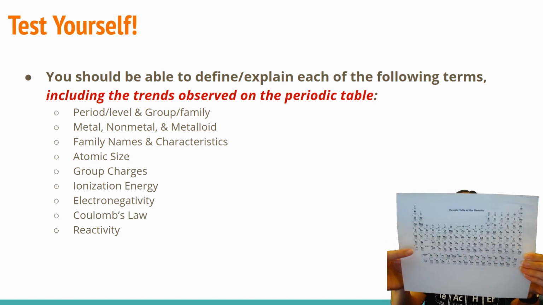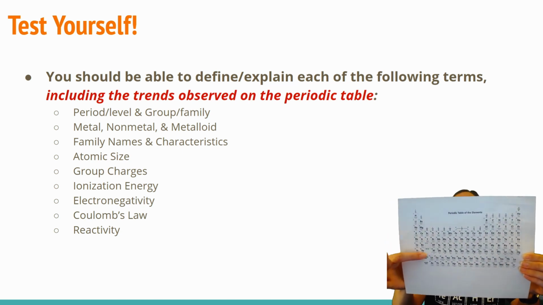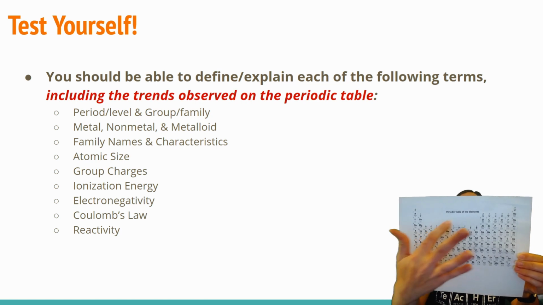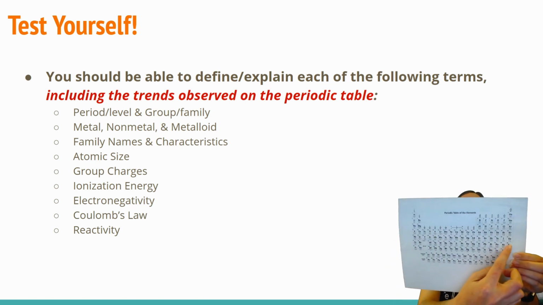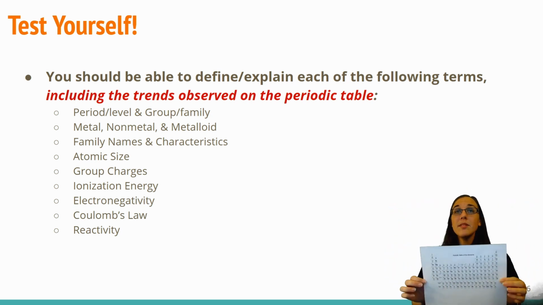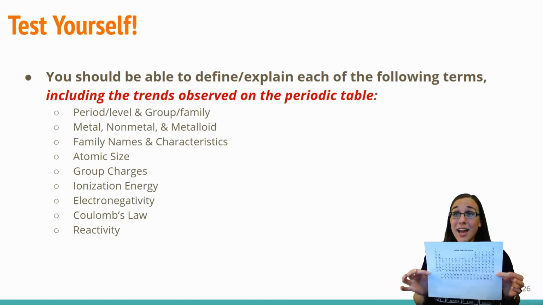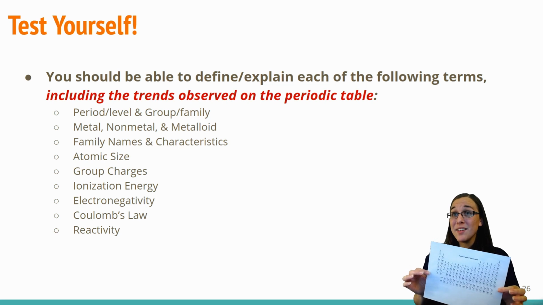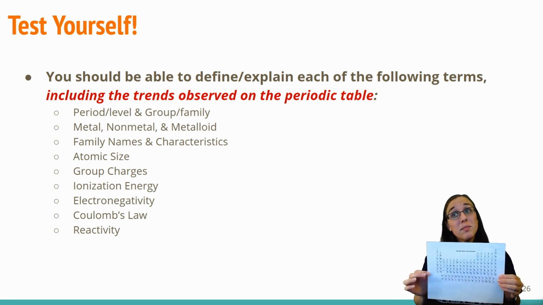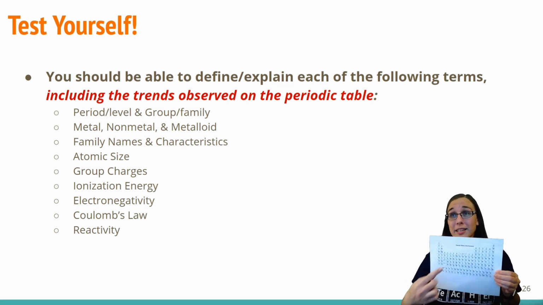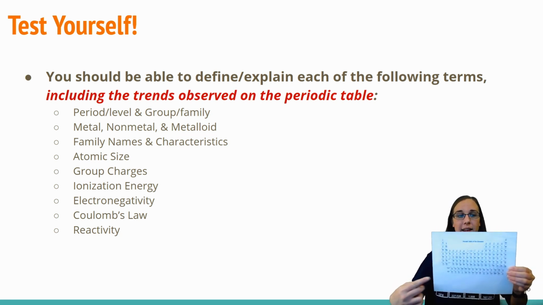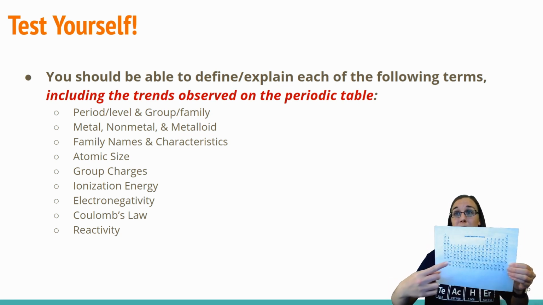You should also be able to explain what the names are for each family, for each group that we talked about. You should know the trend for ionization energy and for electronegativity, where it gets bigger or smaller, generally across the periodic table. So you want to think about going like this, right, across the periodic table.